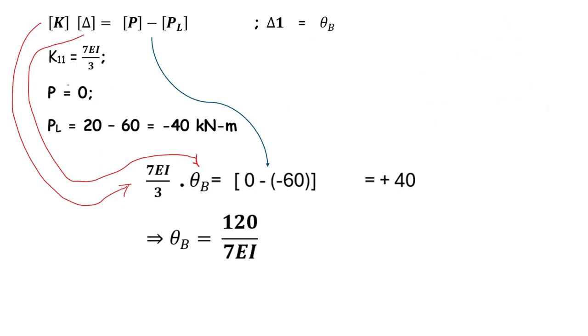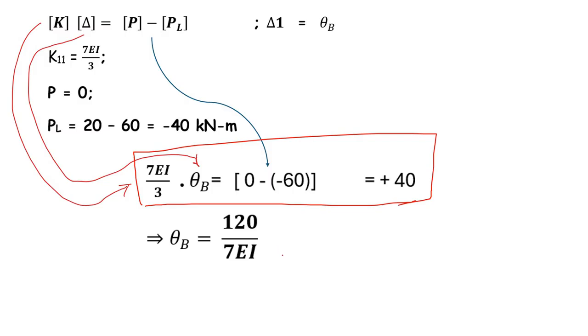Substituting all the values here, you observe keenly, this delta is nothing but theta B, and K is 7EA by 3 as you calculated earlier, and substitute P equal to 0, substitute PL equal to minus 40, then you have plus 40.